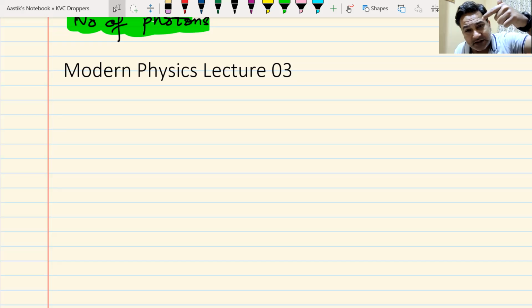The frequency has to be more than a particular frequency. That frequency is known as? Threshold frequency. And the wavelength should be less than a particular wavelength. And that wavelength is known as? Threshold wavelength. We also saw two things: the intensity of light, when I say intensity of light, I refer to the number of photons.